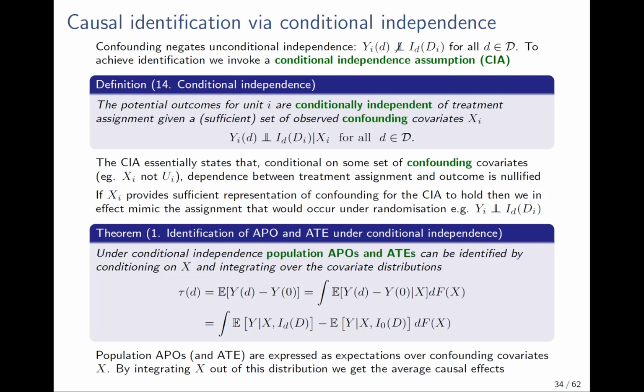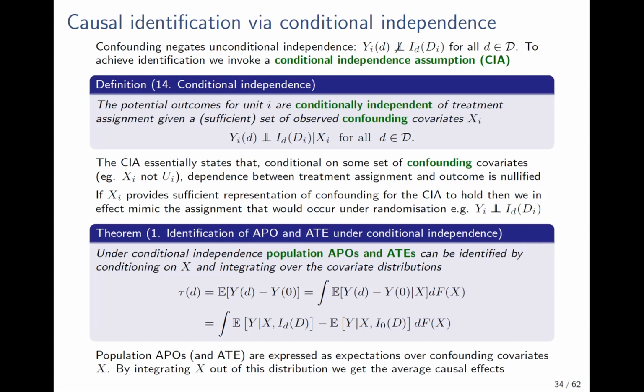for identification. So the CIA essentially states that dependence between treatment assignment and outcomes is nullified conditional on x. Just take x out of the problem by conditioning, and as long as the x vector that we're conditioning on provides a sufficient representation of confounding for the conditional independence assumption to hold, then in effect we're mimicking the assignment that would arise under randomization by conditioning on x, and we're replacing the unconditional assumption with this one here.